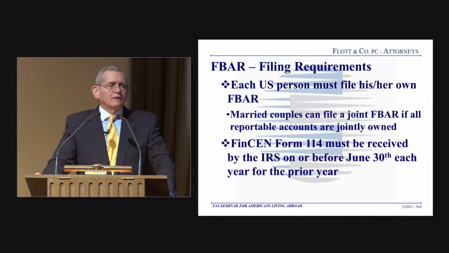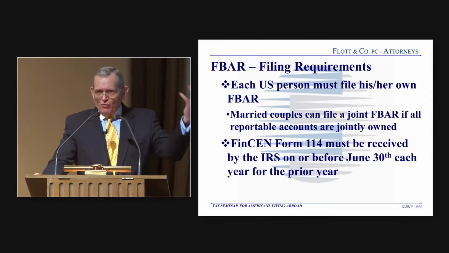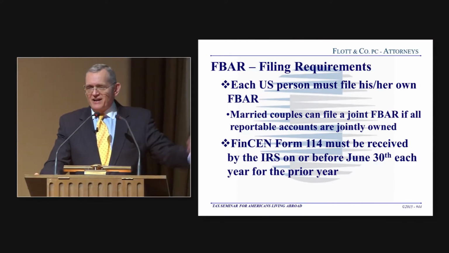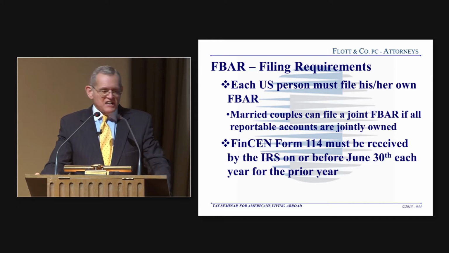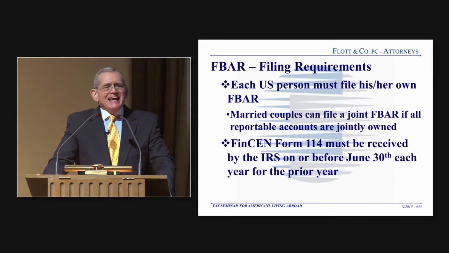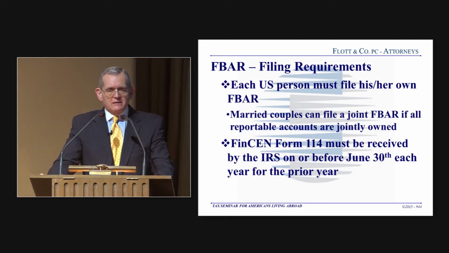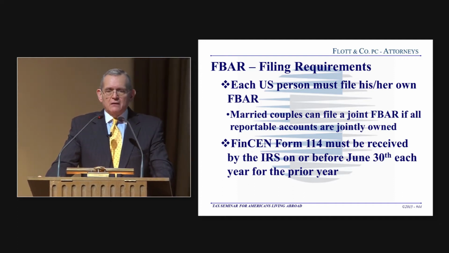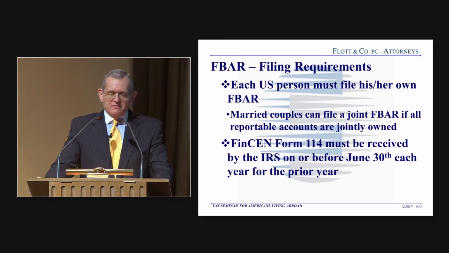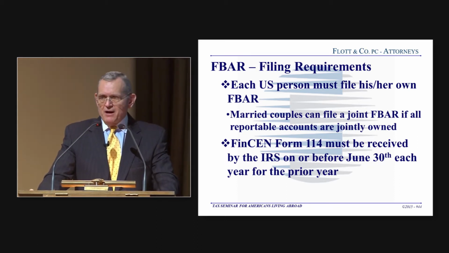The problem is the consequences of not filing can be quite serious. The other thing you need to know is, unlike a tax return for which you can get an extension, the FinCEN, that's the name of the form now. We still all call it an FBAR, but the formal name of it is a FinCEN 114, has to be received by the IRS electronically on or before June 30th each year for the prior year.